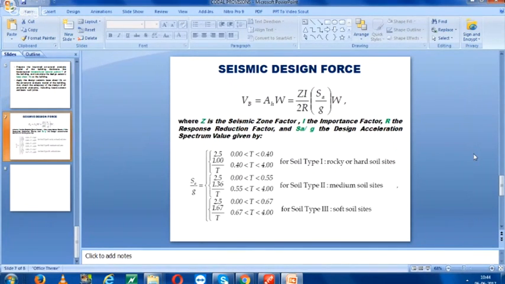The formula of base shear is VB equal to AH multiplied by W, as you have seen in the Indian Standard Code, which is equal to Z by I divided by 2R, SA by G, into W. What is Z?